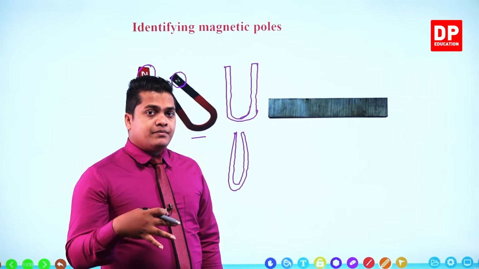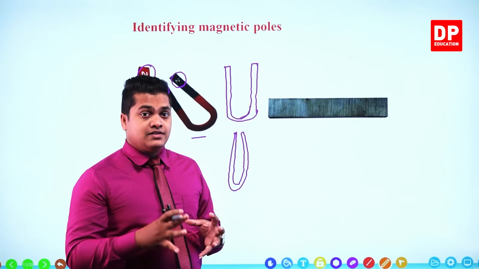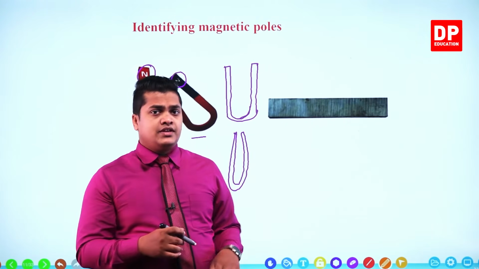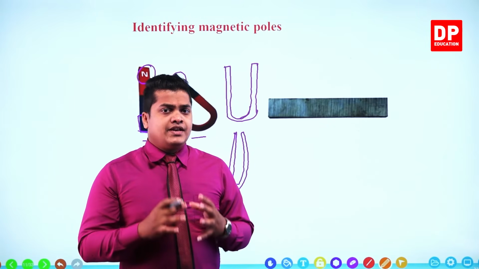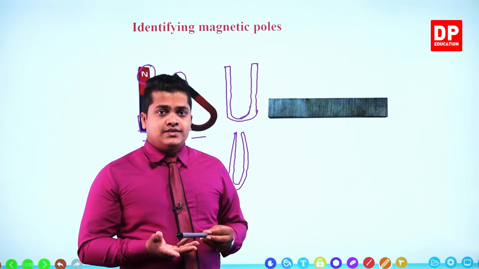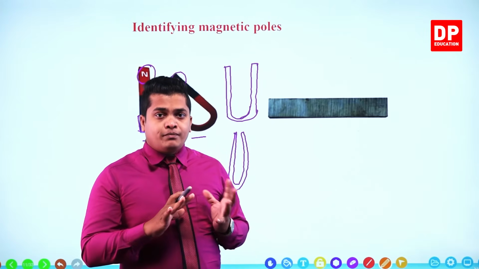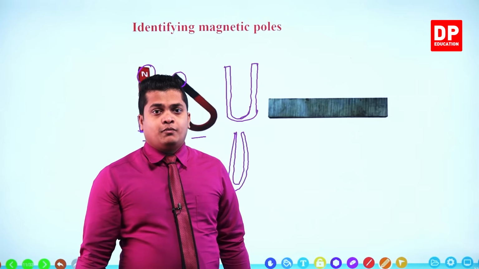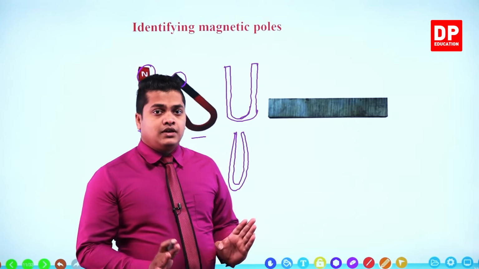But in certain situations, there are some magnets, especially ones found in different types of instruments, where the poles are not represented, or we can't observe them with colors like these.